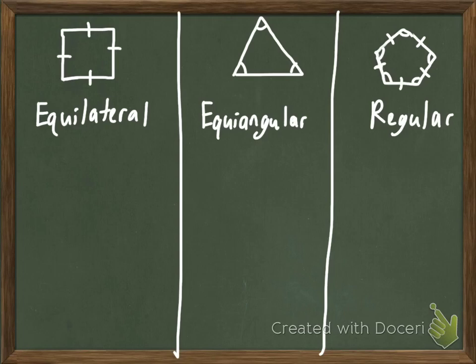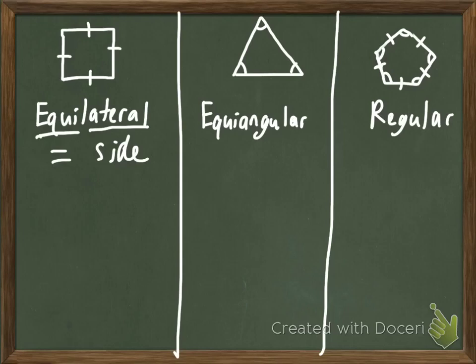Okay, let's start over here with the quadrilateral. Equilateral. Well, let's break down the word. Equa. We've run into that before. Normally that means something is equal. Lateral. If you think about lateral, you kind of think about moving side to side. So that would be side. Equal sides.